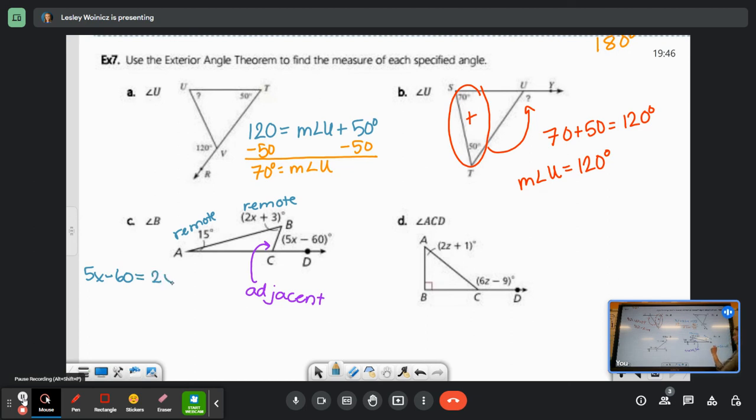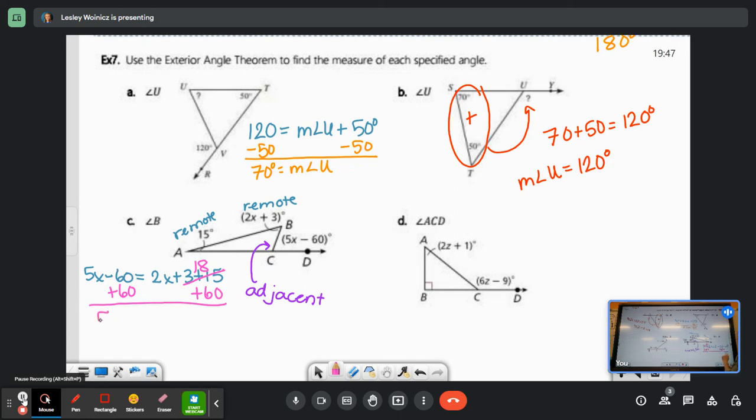So 2x plus 3 plus 15. So I'm going to combine my like terms. 3 plus 15, that's 18. Okay. Let's add 60 to both sides.